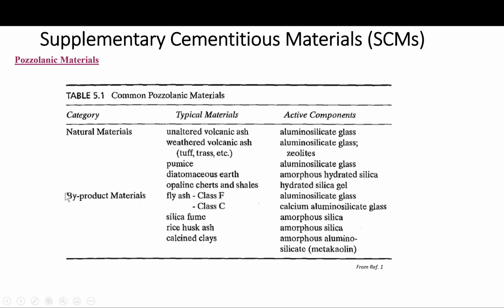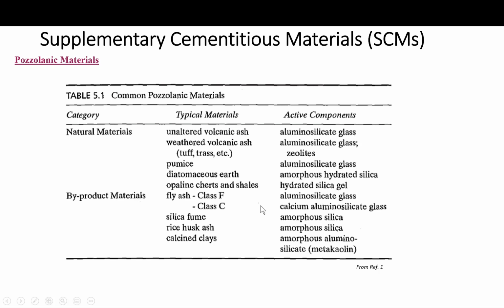The second category in the common pozzolanic materials are the byproduct materials, such as the fly ash, class F and class C. In class F, the active component is aluminosilicate glass. In class C, it is calcium aluminosilicate glass. Remember, class C is high in calcium.